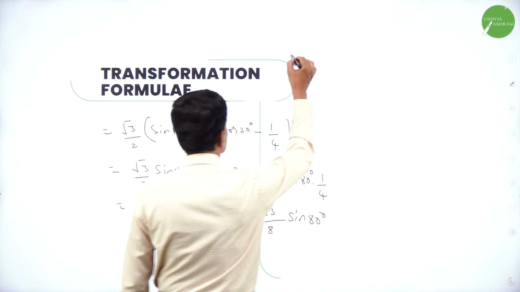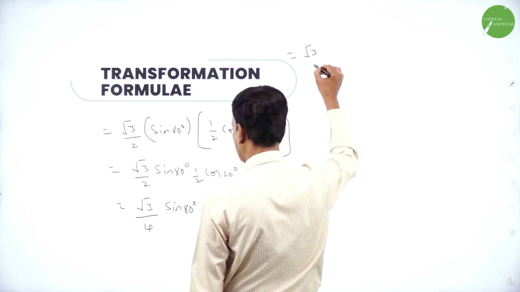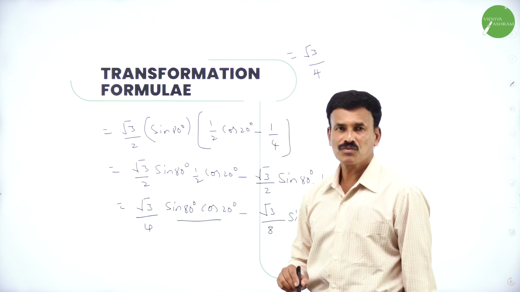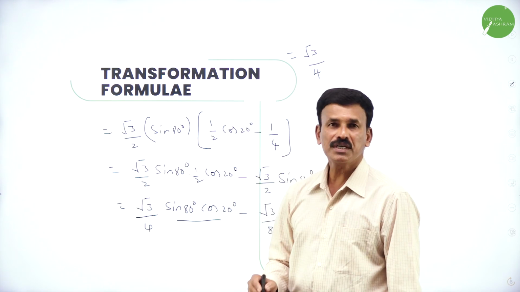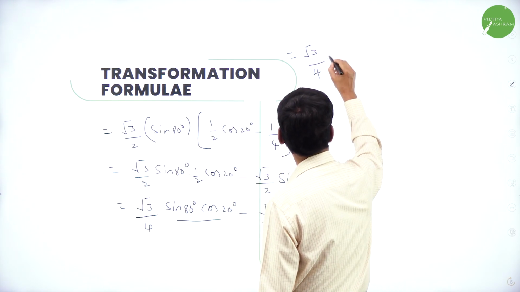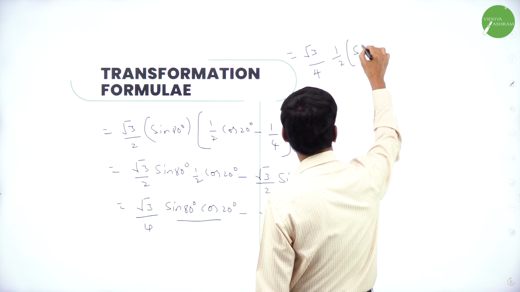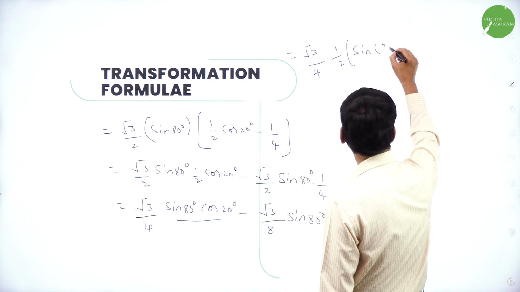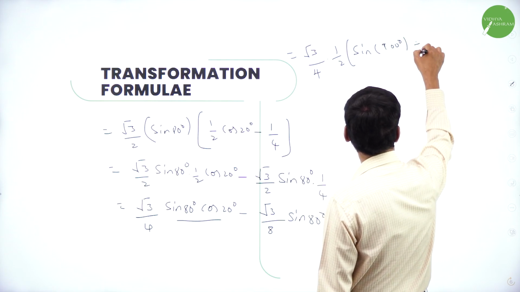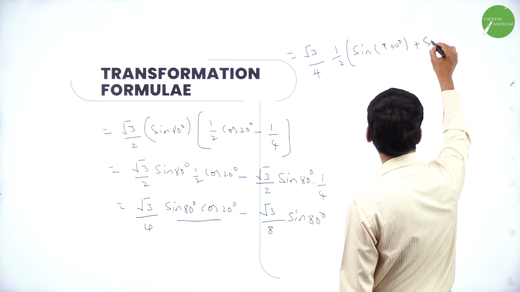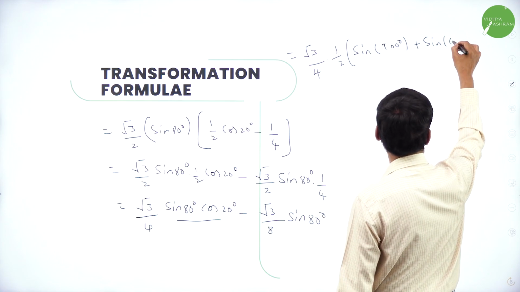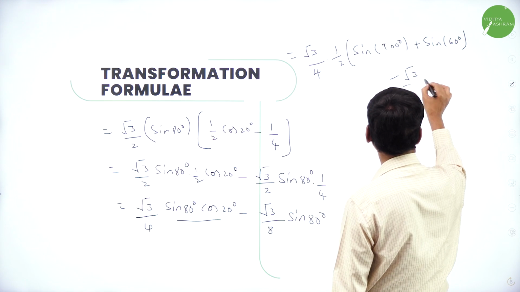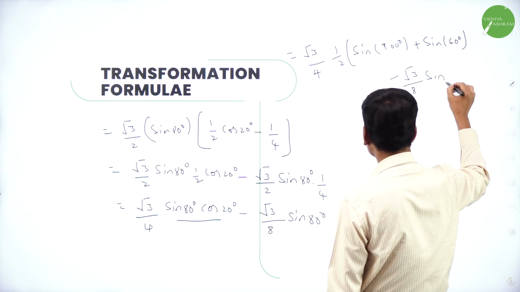Again this is of the form sin A cos B. What is the formula for sin A cos B? Sin A cos B is half of sin A plus B, 80 plus 20, that is 100, plus sin A minus B, 80 minus 20 is 60, minus root 3 by 8 sin of 80 degree.